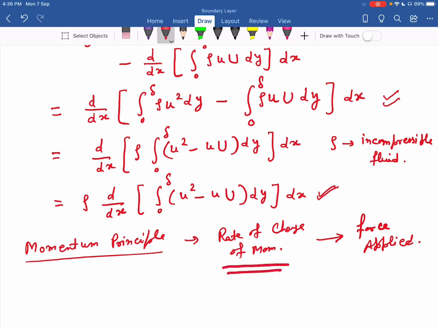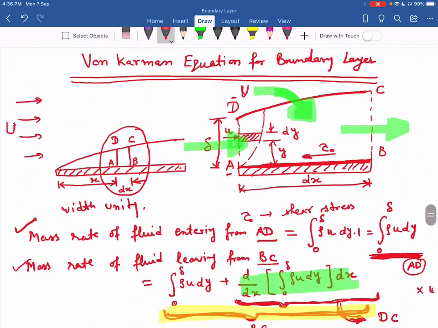That is the momentum principle. Now I apply that principle over here. If I see the diagram, the only external force applied here is due to this resistance force. Other forces I will neglect. So the force due to this tau O, I call that force the drag force.